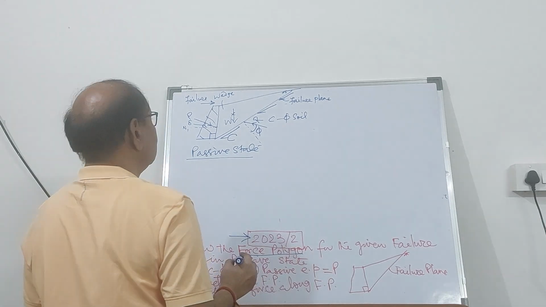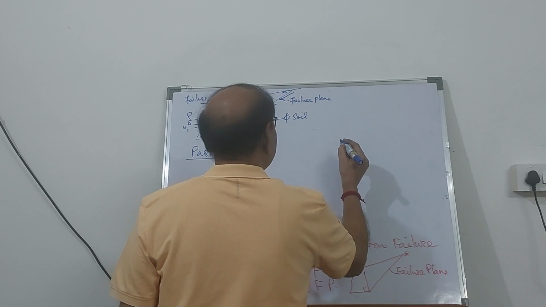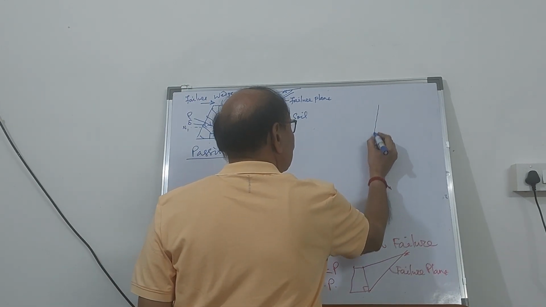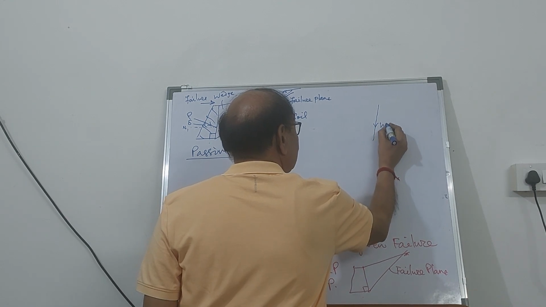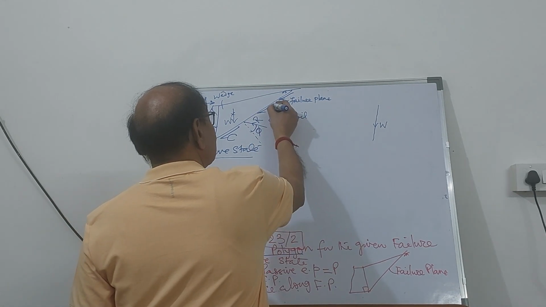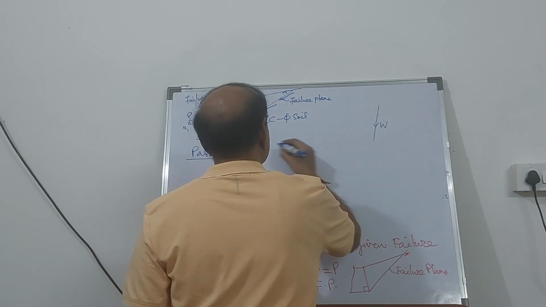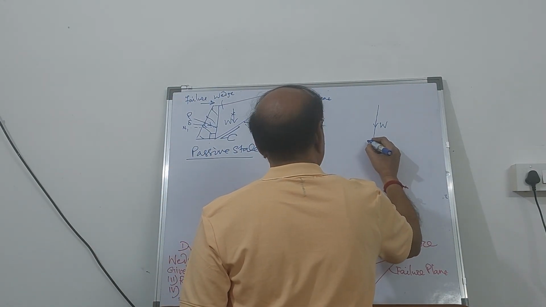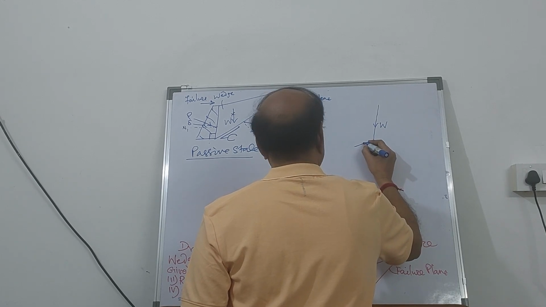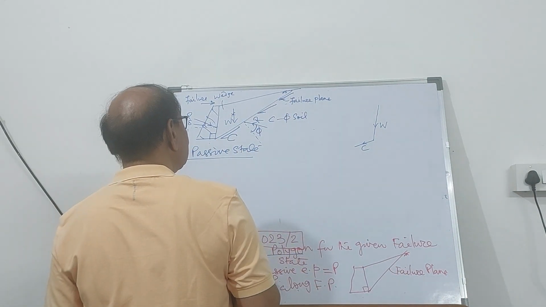So now if you draw a force polygon, let's draw the weight. Weight, you know both the magnitude and direction. Then next comes the cohesion acting along this, so parallel to this you can draw a line, and that becomes the cohesive force.